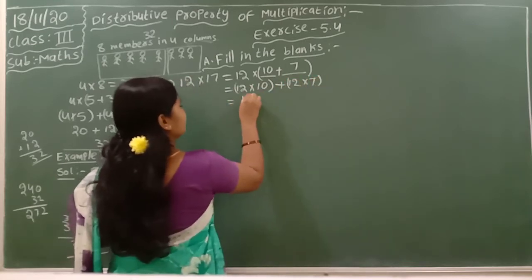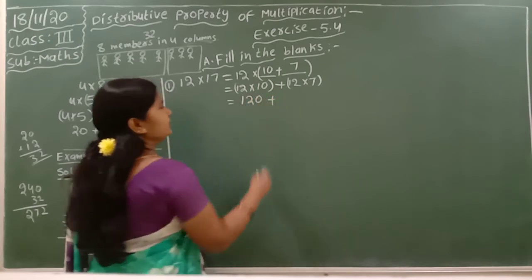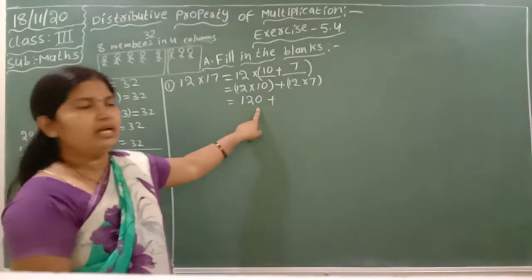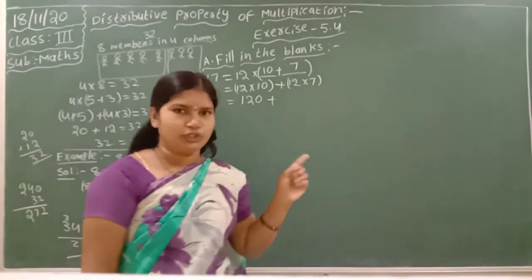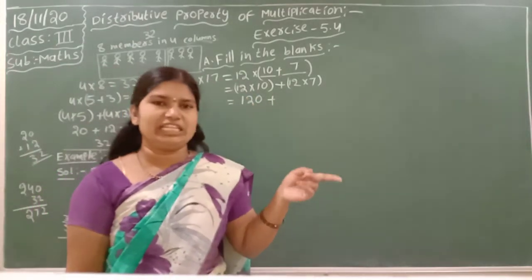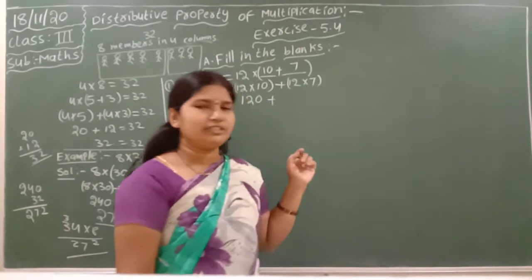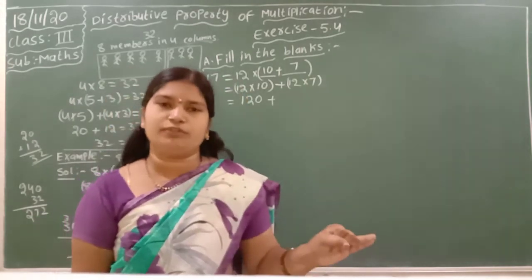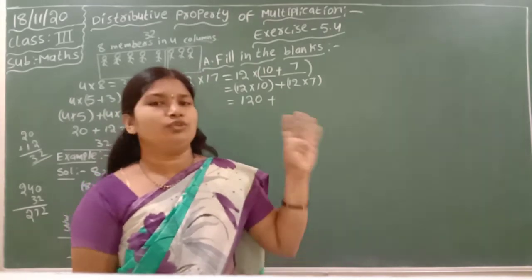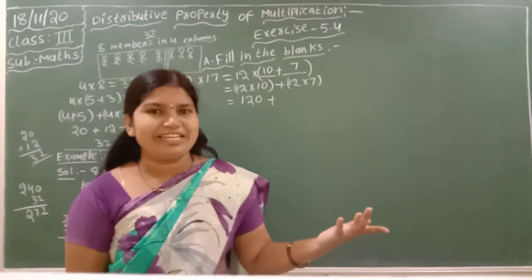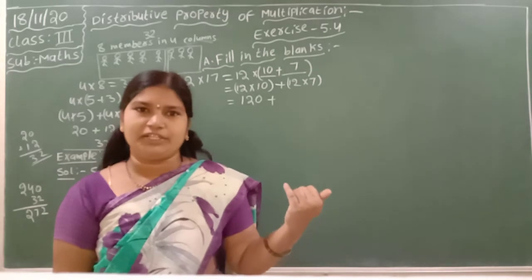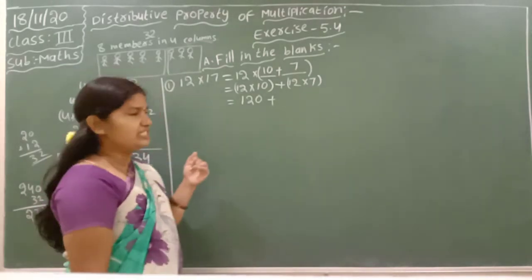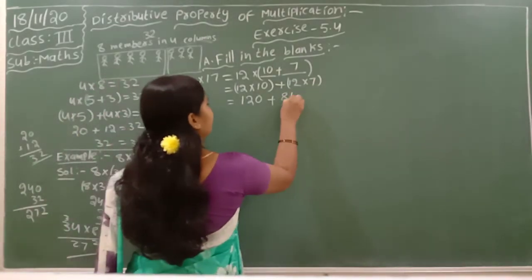12 tens 120. Why? Because 12 ones are 12. 12 into 0, 0. And 12 sevens. Do you know the 12 table? Read the 12 table once, children. How much? 12 ones 12. 12 twos 24. 12 threes 36. 12 fours 48, 12 fives 60, 12 sixes 72, 12 sevens 84.